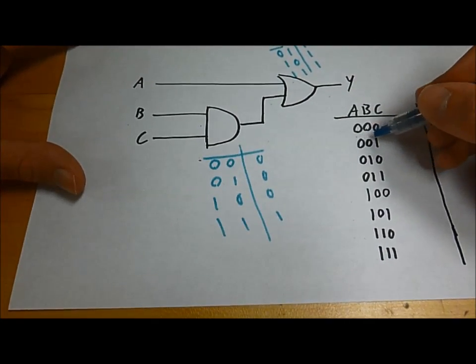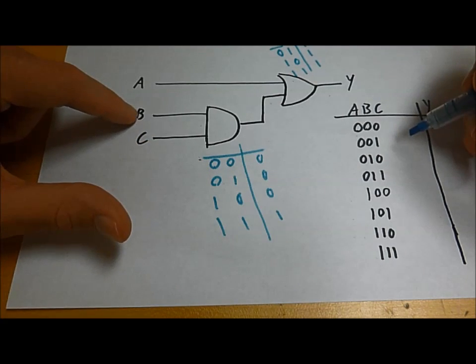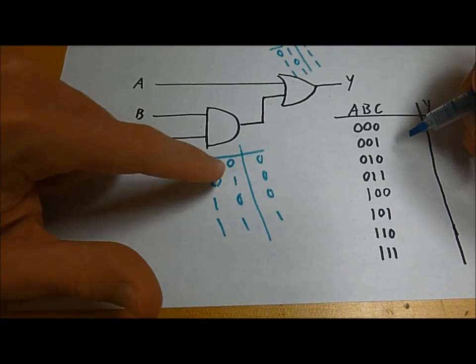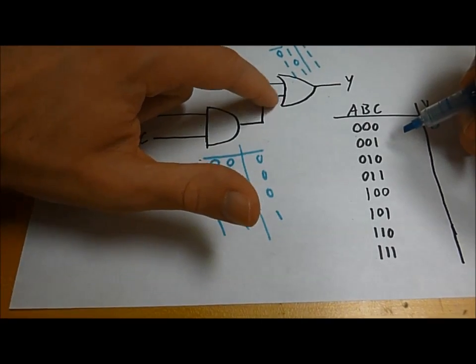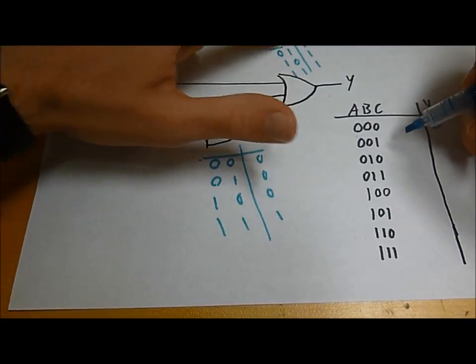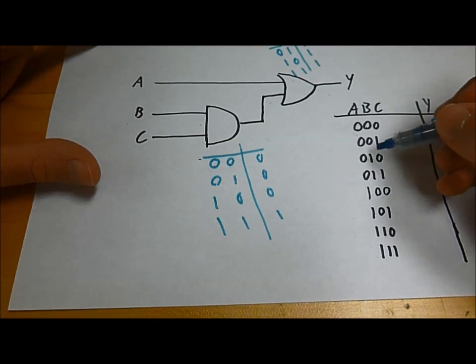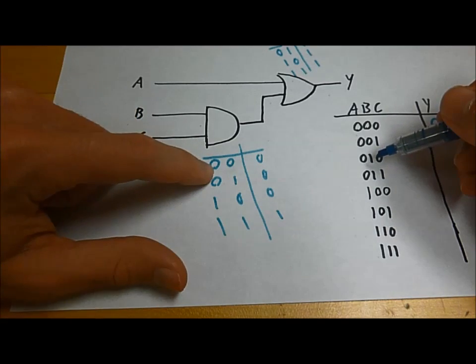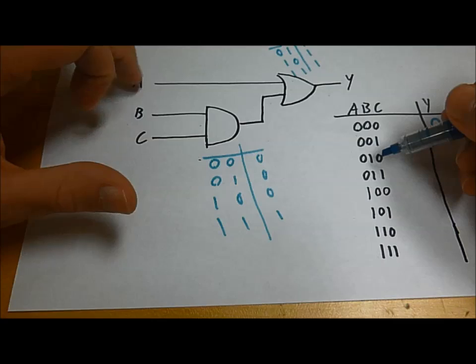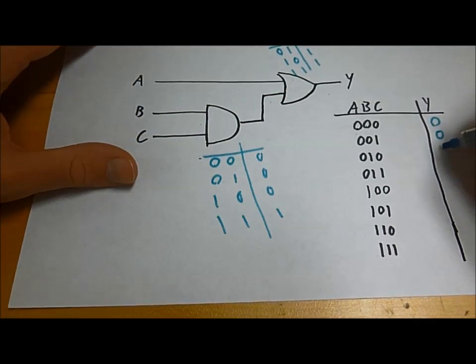So let's try 0, 0, 1. 0 and 1 will get 0. 0 and 0 ORed together will also get 0. Now 0, 1, 0. 1 and 0 will be 0. 0 or 0 will also be 0.